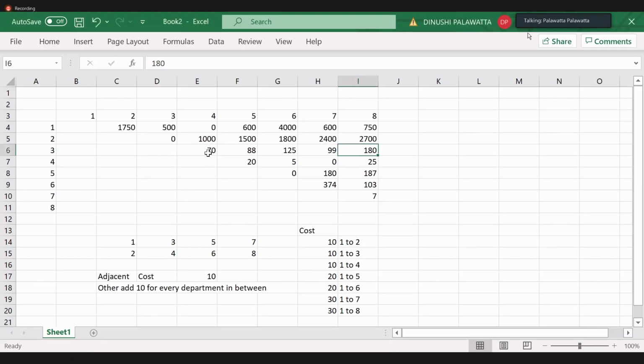So 3 to 4 equals 10 multiplied by 7. 3 to 5, 10 multiplied by 88.